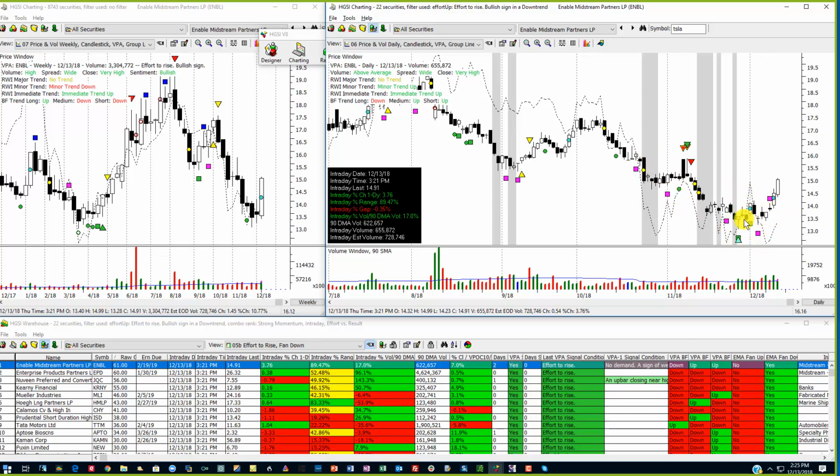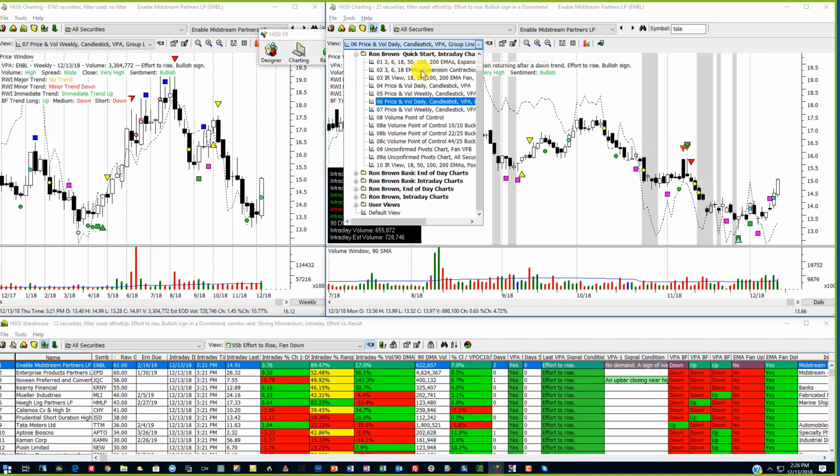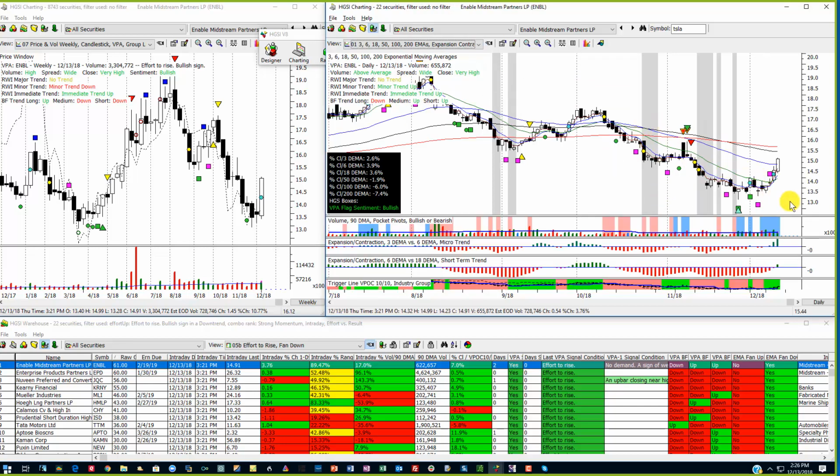This stock has buyers, obviously. We're getting a bunch of VPA flags, and here's your effort to rise. This also would have appeared here because the fan is down. Fan is down on all these, but if we're getting an effort to rise like we did here, and we're also getting pocket pivots, that's a pretty good sign that demand is outpacing supply, wouldn't you say?